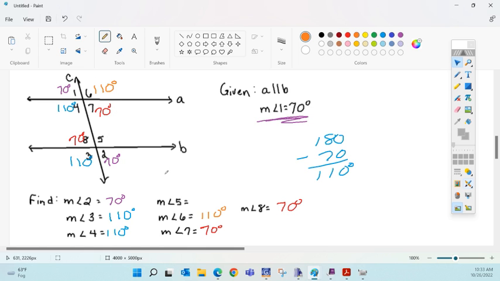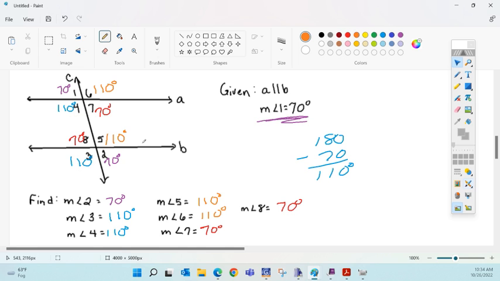Nico, you want to tell me 5? 5 is the same thing, 110, and how do you know it's 110? Because it's vertical. Vertical with 3, sure. So vertical here, it's also corresponding with 6. It's alternate interior with 4.